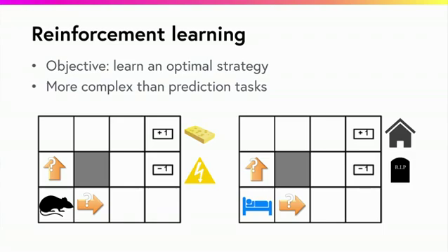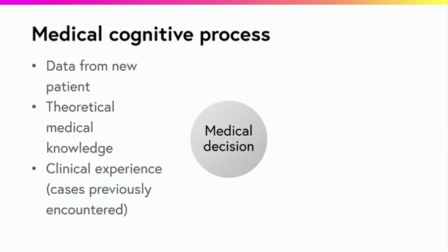So again, we have different states, and the agent, the physician, has different options of actions and interventions in every state of the system, and the objective of the doctor is to send the patient home, to maximize the reward, if survival is the reward.